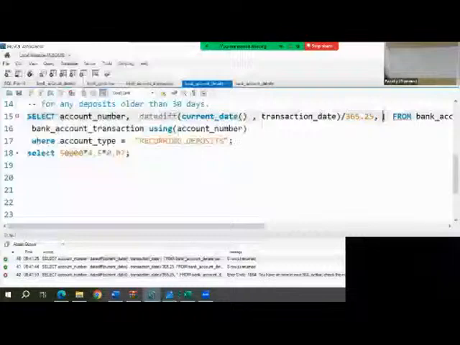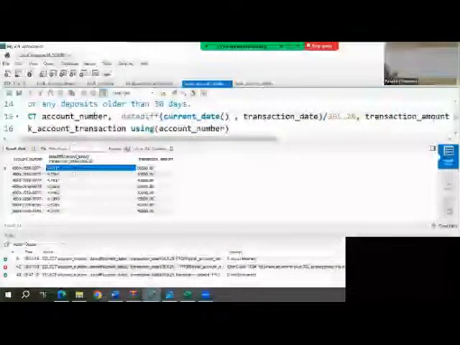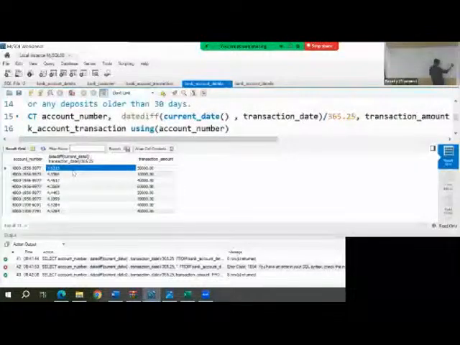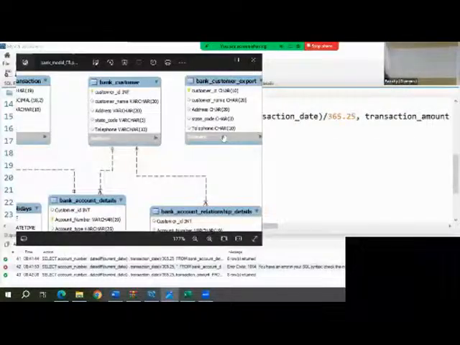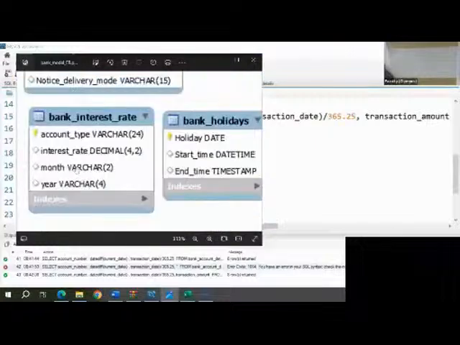So this transaction said simple interest. We need what? Principal, number of years, rate of return. We know principal is here, duration, number of years is here. Where's interest? You have to join that other table also, right? Bank interest rate. Join bank account, what's that?